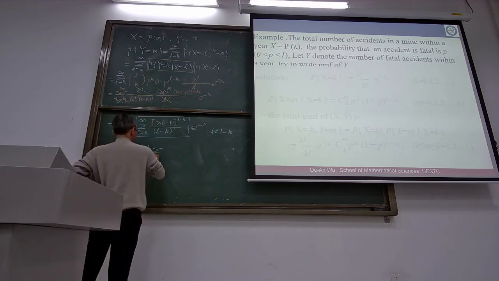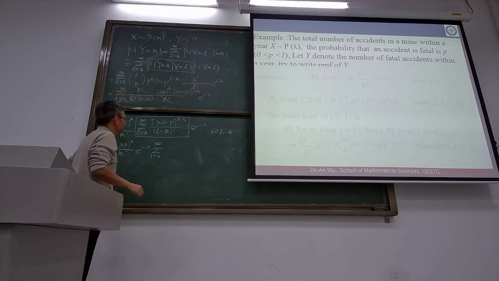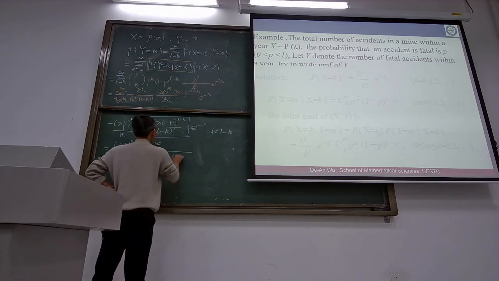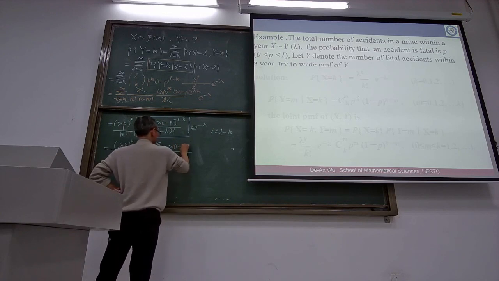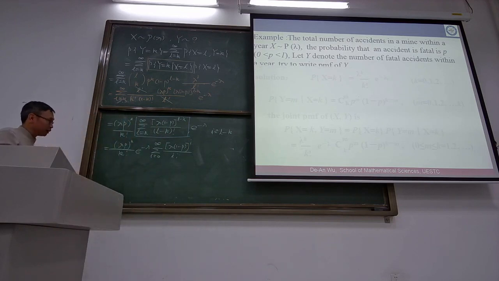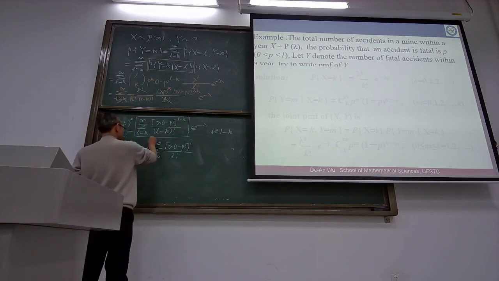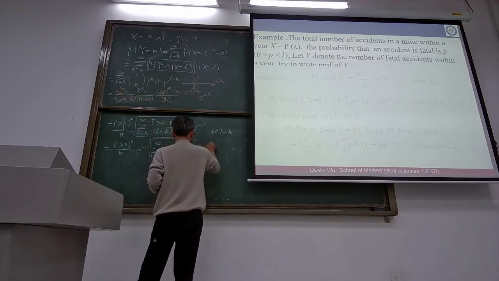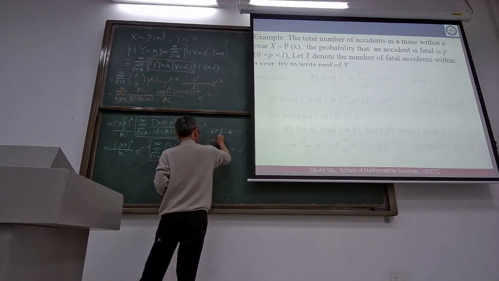Then i from 0 to infinity of lambda times 1 minus p to the i over i factorial just equals e to the lambda times 1 minus p.